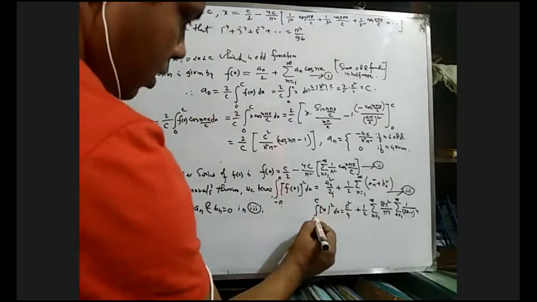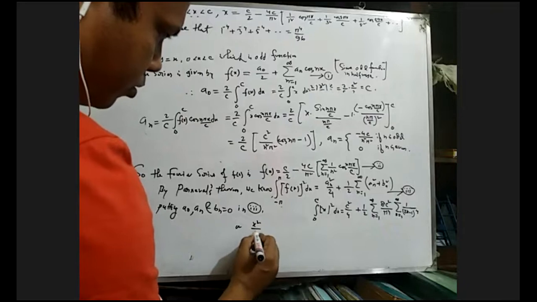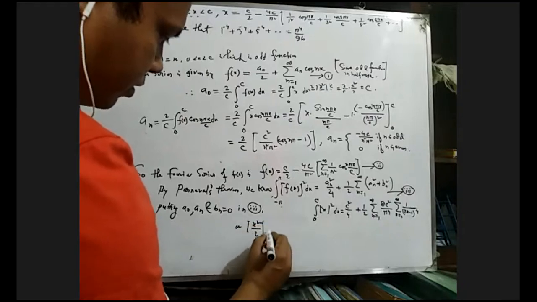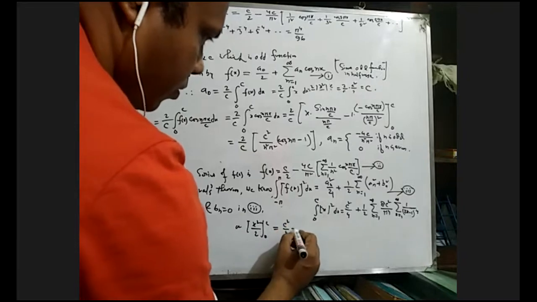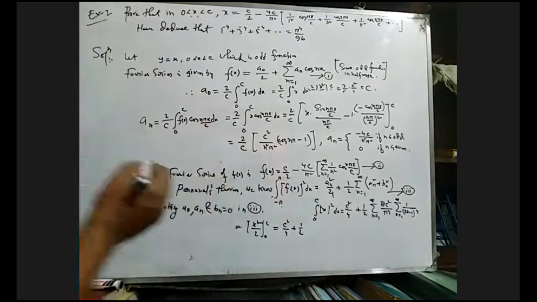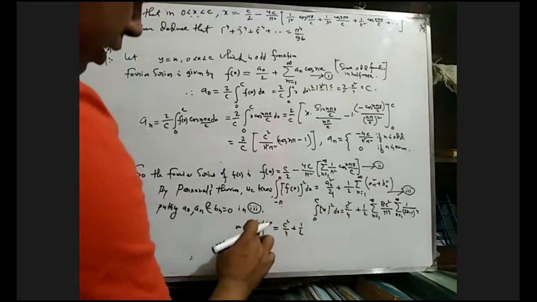So this formula: x square by 2, 0 to c equals c square by 4 plus half. So the integration will be what?